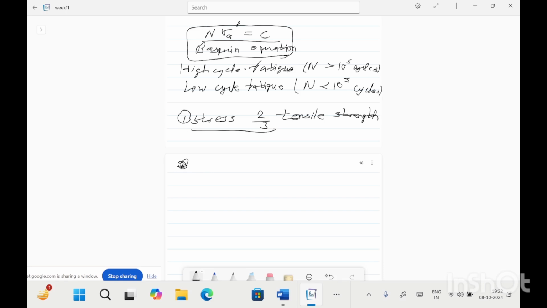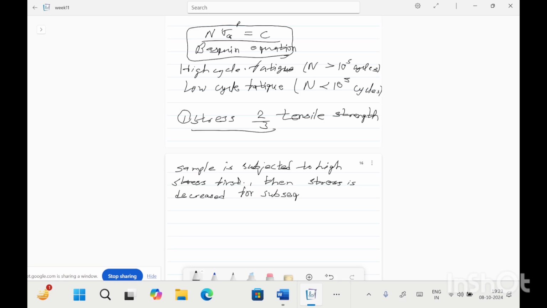So in fatigue testing, the sample is subjected to high stress first, then stress is decreased for subsequent samples to achieve the endurance limit.